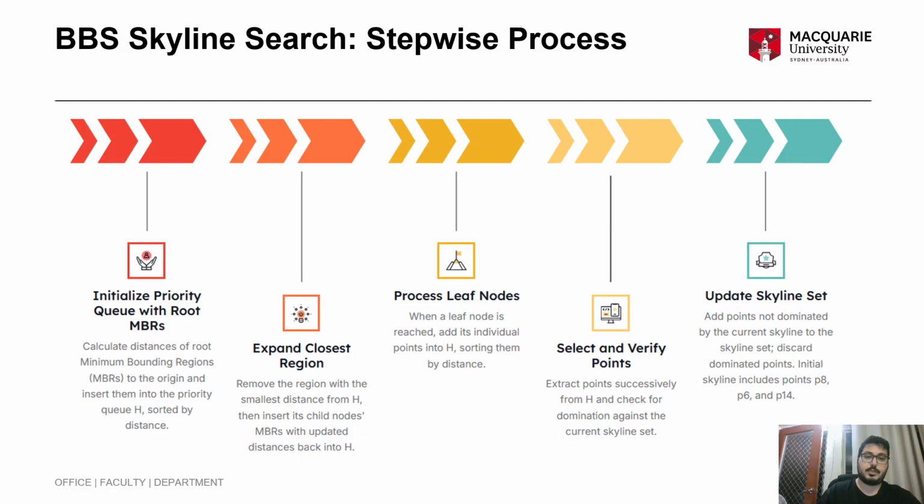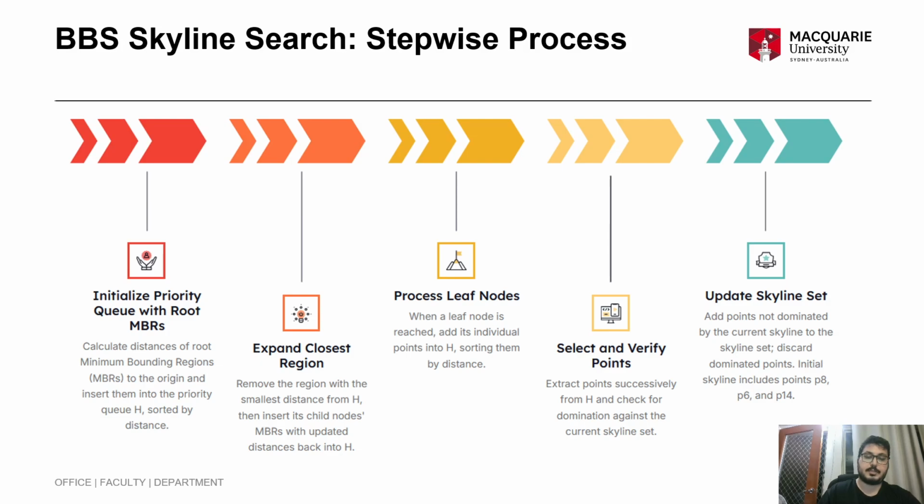Each time we pop a point with the minimum distance inside the HQ, we compare the dominance of the current skyline and the popped point, to see whether the skyline points dominate the popped point or not.